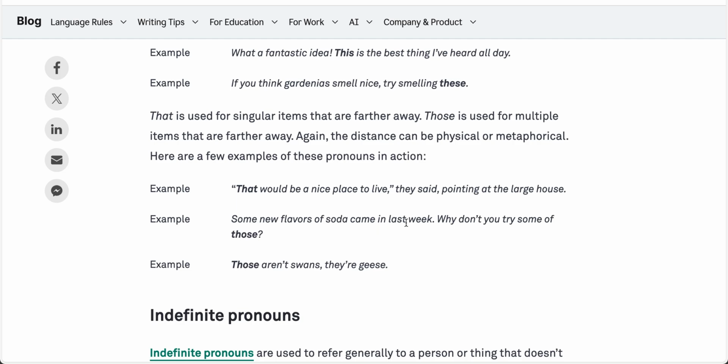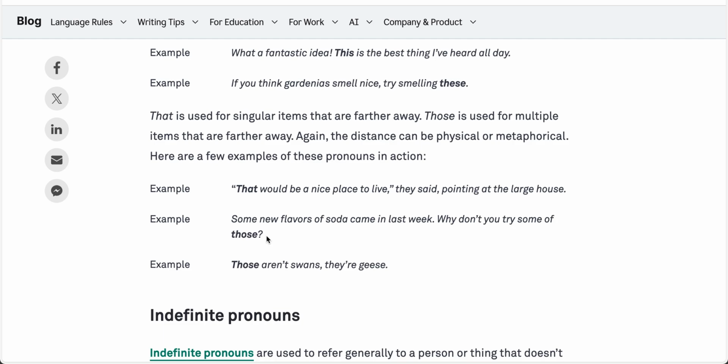Some new flavors of soda came in last week. Why don't you try some of those? So the flavors of soda, why do they use the word those instead of these? Because the flavors of soda are not as accessible, and so you choose the word those instead of the word these. But those is the far demonstrative, and it's plural.